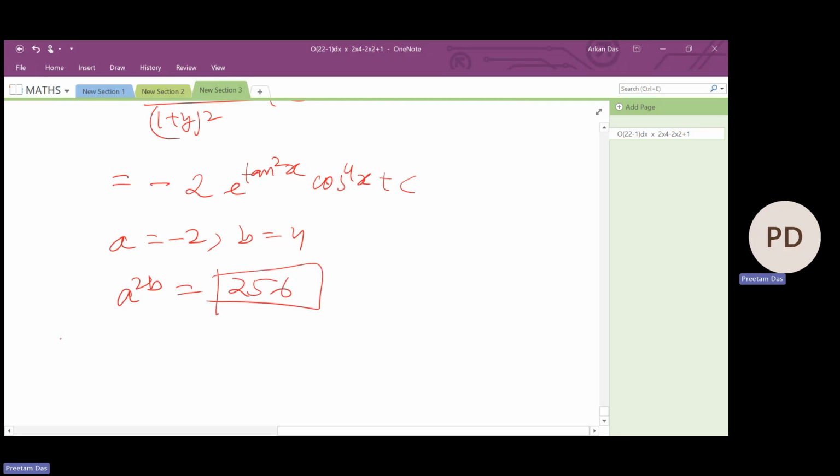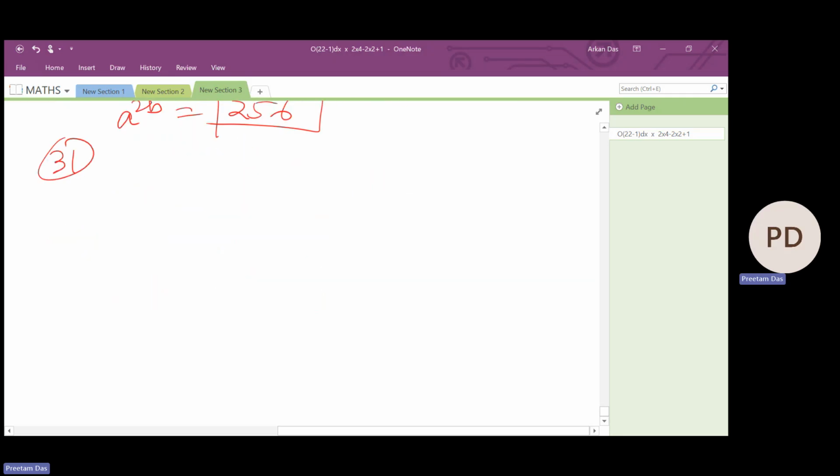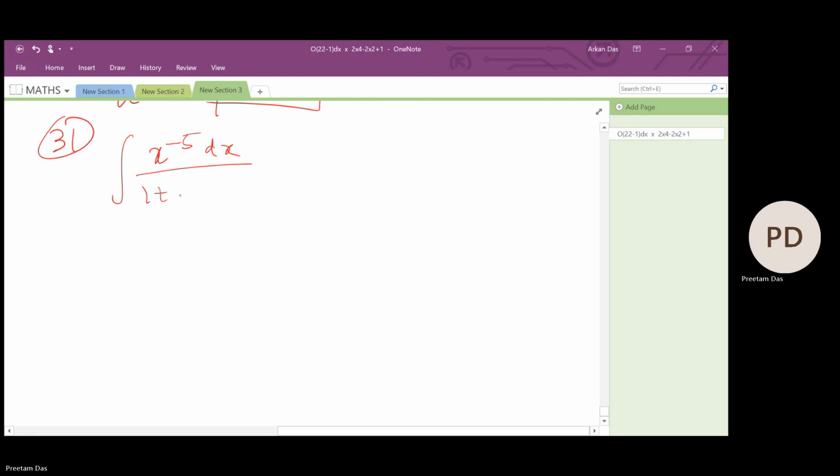Okay. Again, we will start with the single correct questions. So what is the 31st question? Again, you have to take common. What you have to take common? X raised to 4. Take common, so x minus 5, P by 4. This will be y.